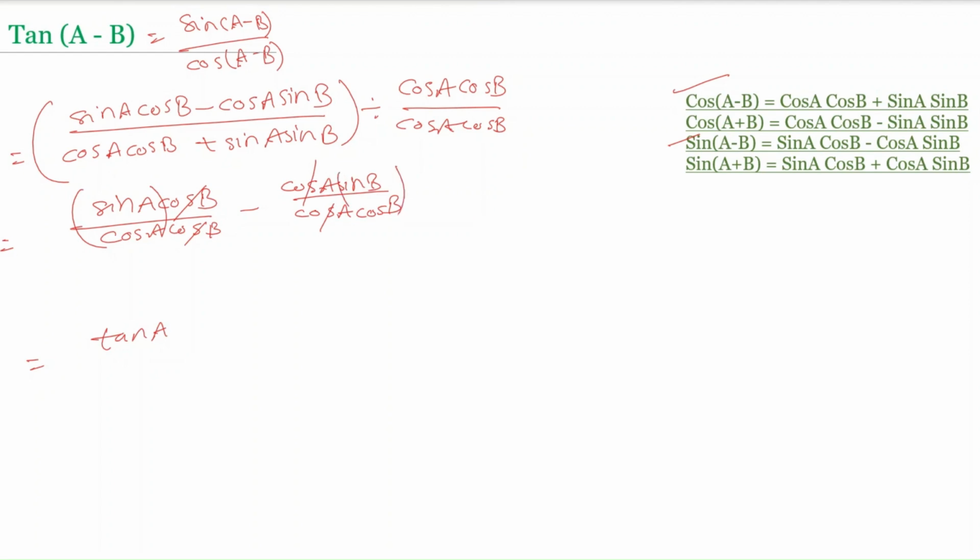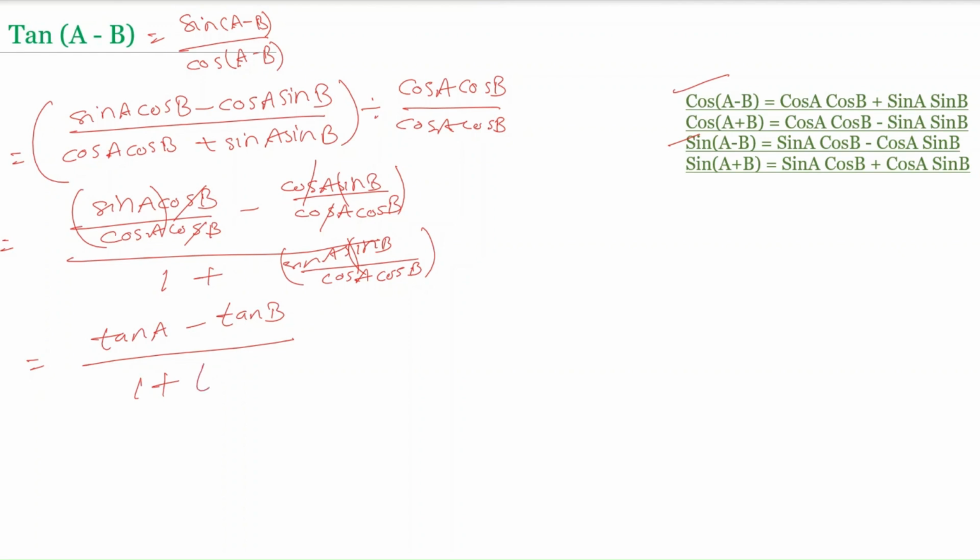Sin B upon cos B is nothing but tan B. Now coming to the denominator, cos A cos B upon cos A cos B, so both will get cancelled out, leaving 1 here, plus again we have sin A sin B upon cos A cos B. We can separately write it as sin A upon cos A into sin B upon cos B. Here in the denominator we will get 1 plus tan A into tan B. This is the formula for tan of A minus B.